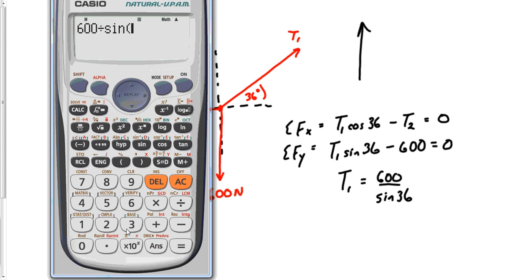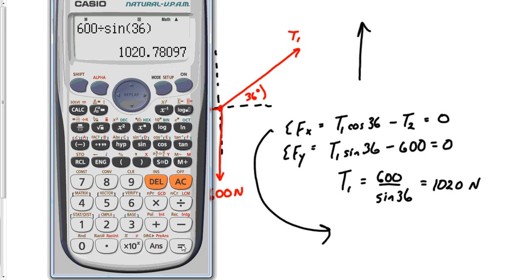Divided by sine of 36. And that T1 would be 1,020 or 1,021, probably better. And then if I want T2, all I've got to do is take that equation, 1,021 since that's really more, times cosine 36 equals T2.